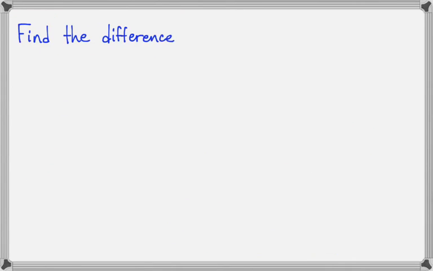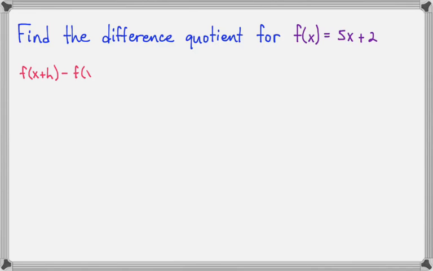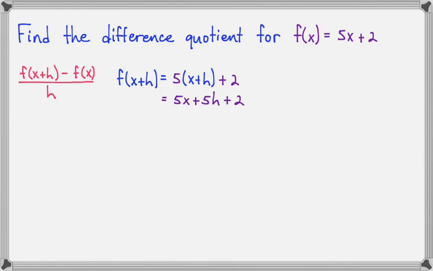Okay, here we go. Find the difference quotient for f of x equals 5x plus 2. Now step 1 was to find f of x plus h. So it's going to be 5 times x plus h, plus 2. See, all I did was I took out the x and I plugged in an x plus h, and when I distribute, this is what it looks like.